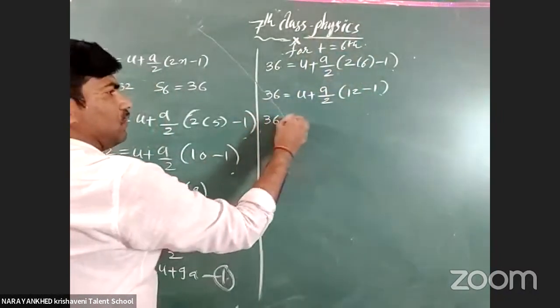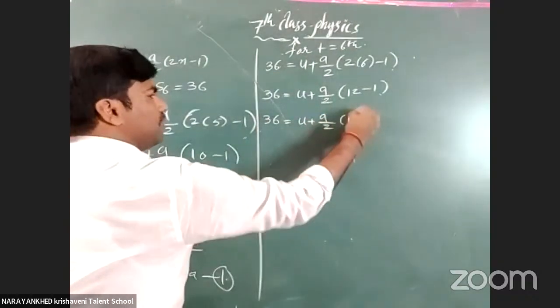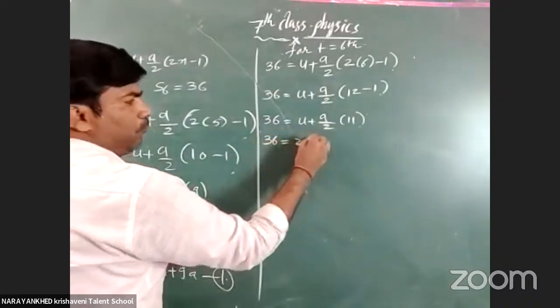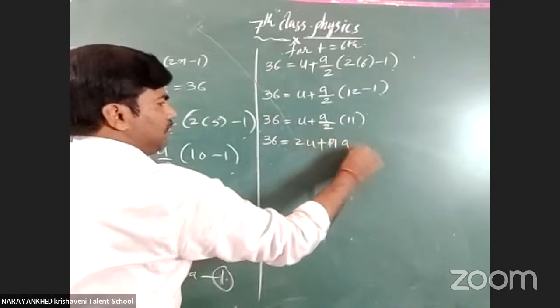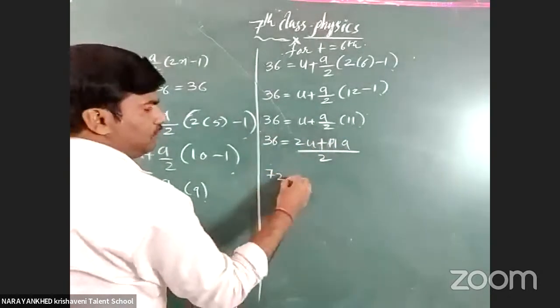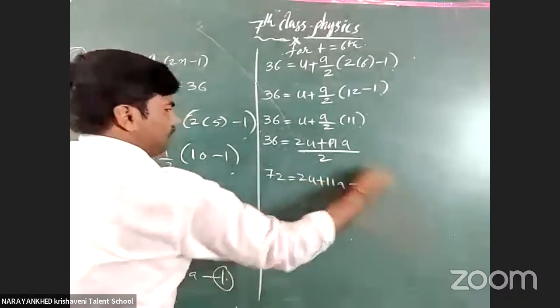Now 36 is equal to u plus a by 2 into 11. Now 36 is equal to 2u plus 11a by 2. It is also written as 72 is equal to 2u plus 11a. This is equation number 2.